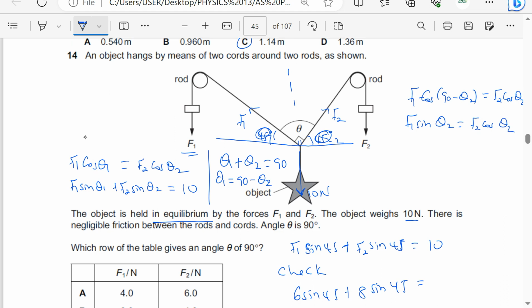Alternatively, I can say that F2 should be equal to F1 tan of theta 2. So F2 is F1 tan theta 2. Alternatively, I could just substitute in this expression here.